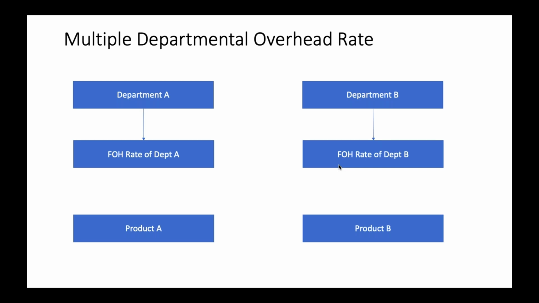But the point is, we have two different factory overhead rates, and each factory overhead rate is dependent on the number of departments. So the FOH, or the factory overhead, being used to produce product A and product B will be charged of that rate when it is being produced.